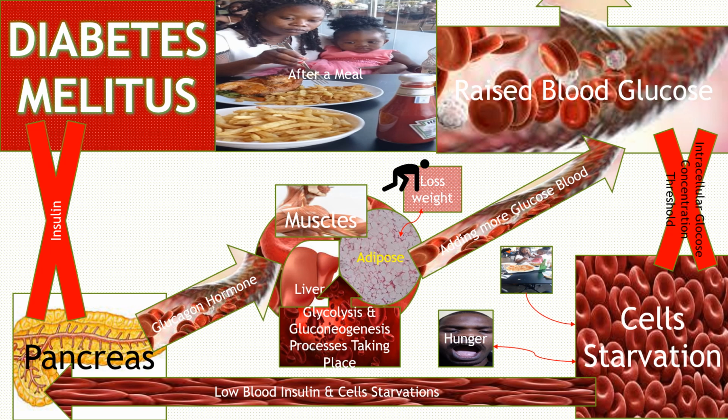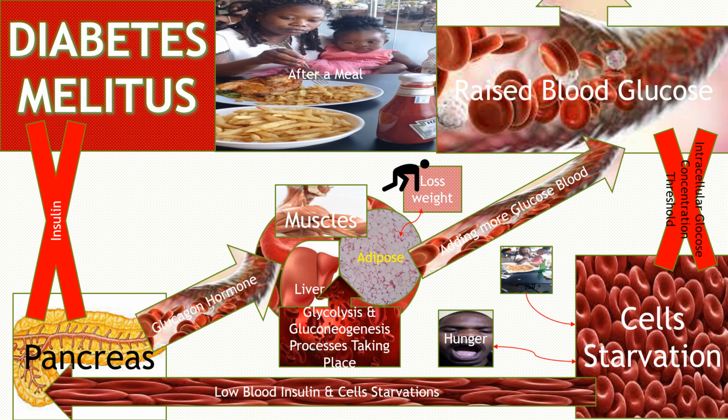Despite high plasma glucose concentration, the glucose will not enter or be absorbed into the cells because it has exceeded the intracellular glucose concentration threshold, leading to cell starvation. This causes an individual to exhibit symptoms of hunger and urge of eating every time.